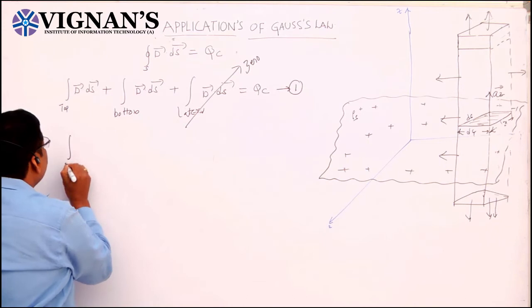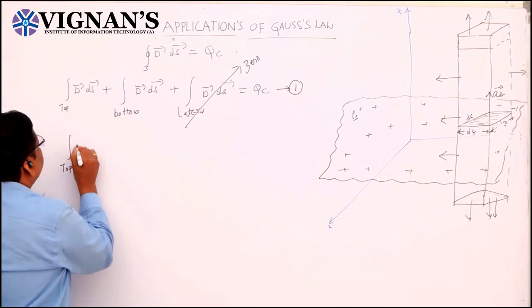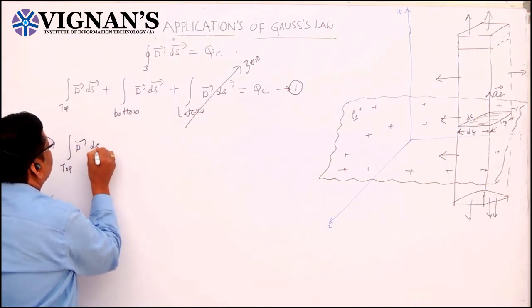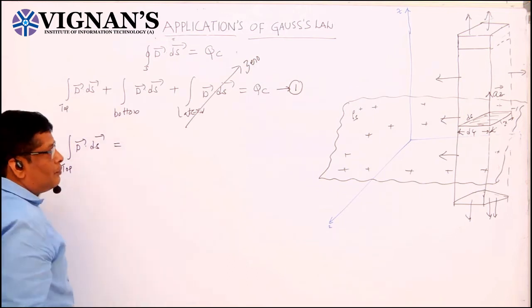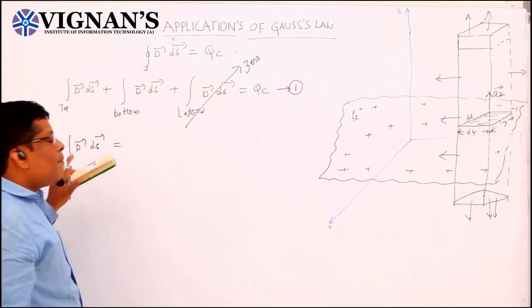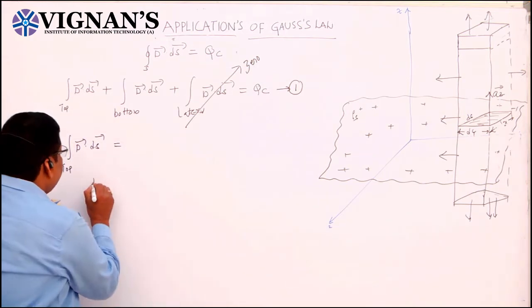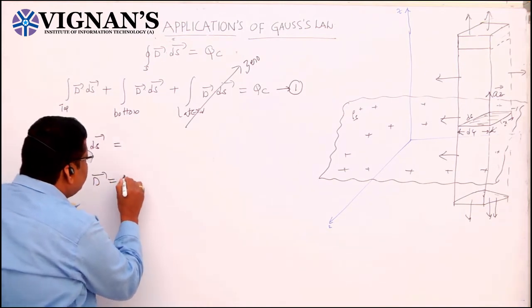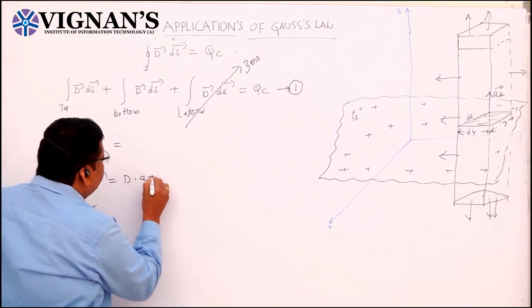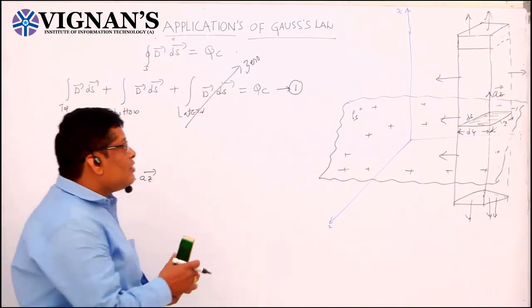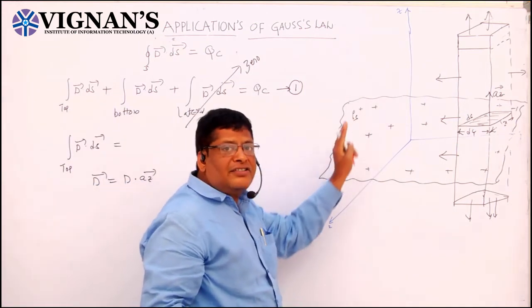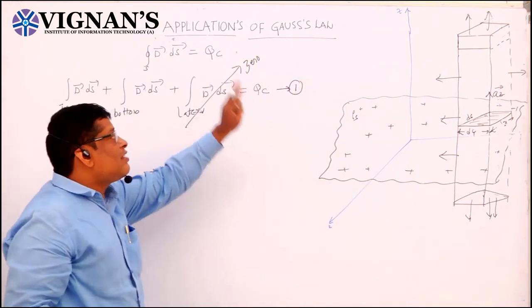Now for the top surface, D bar dot dS bar. D bar we can write as D into az bar, because the flux is in this direction, so the flux density will also be in the z-axis direction.